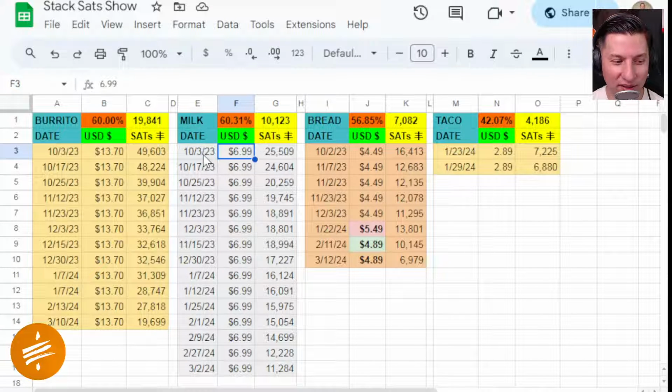Less than 6 months later, 10, 11, 12, 1, 2. Oh yeah, more than 6 months later. Anyway, now it takes me 60% less of my life to buy that gallon of milk. So now it takes me about half an hour of labor to get that same gallon of milk.